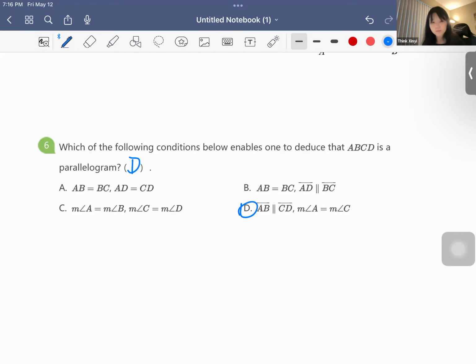There are 5 ways, actually. First, if both pairs of opposite sides are parallel, then the quadrilateral should be a parallelogram. That's the first way we can prove that.